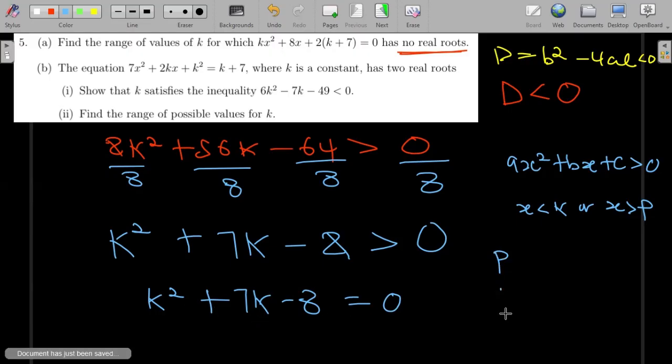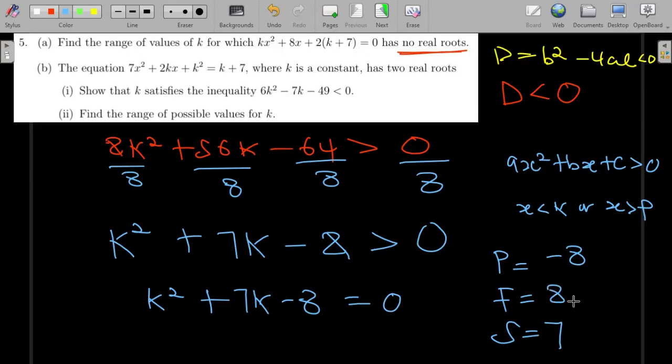So I'm going to say product, factor, sum. Okay, so the product is 1 multiplied by minus 8, I get minus 8. The sum is positive 7. So what do you think the factors are going to be? So the factors are going to be 8 and minus 1. Exactly.